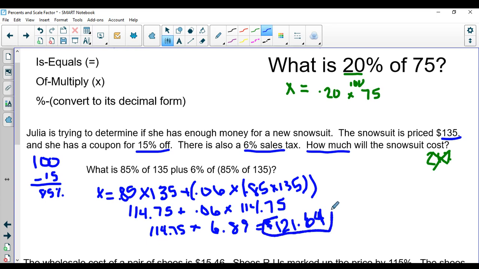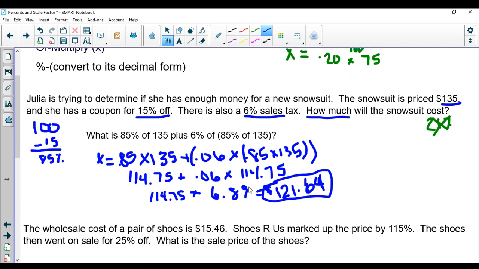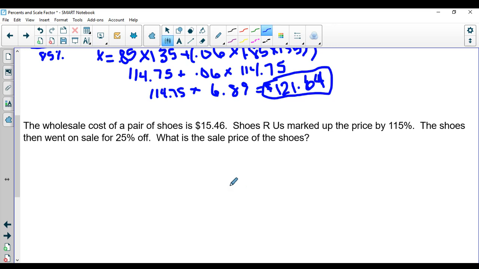So we're solving these very similarly to how we did our regular percent equations. There's just an extra step or two in there that we have to complete. All right, let's look at the next one. The price or wholesale cost of a pair of shoes is $15.46. Shoes R Us marked up the price by 115%.